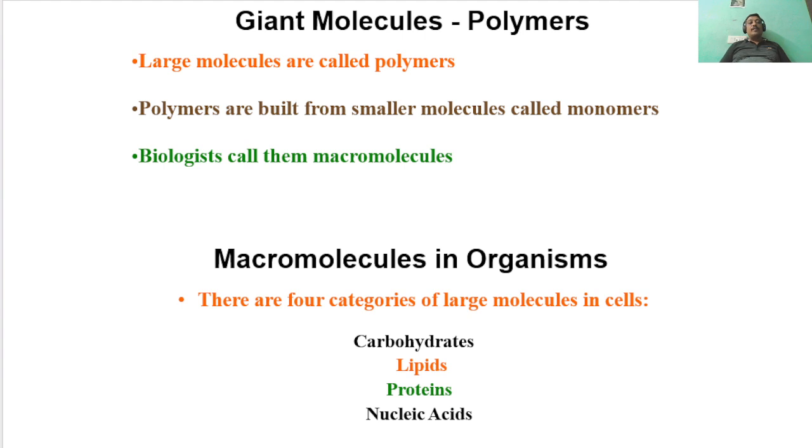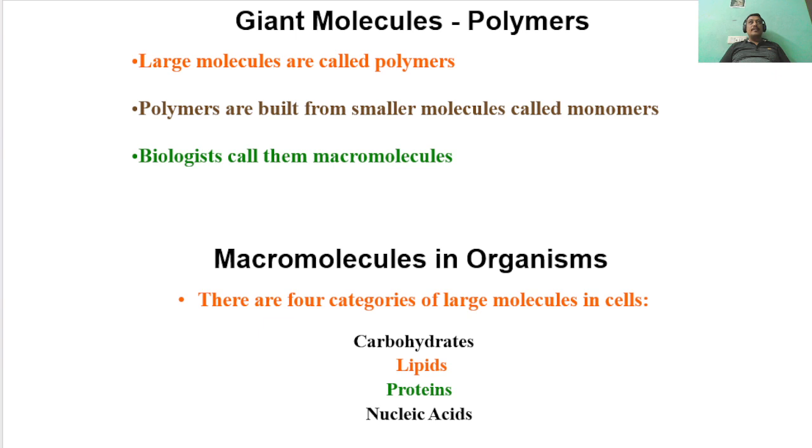Now we'll start to discuss first a complex molecule called polymers. Why should we call it polymers? Poly refers to many. Many means large. So the large molecules are always referred to as polymers, and these large molecules have to be synthesized from small molecules, isn't it?